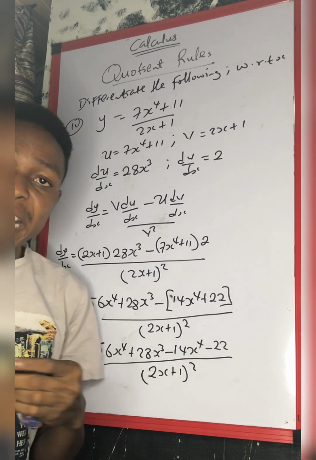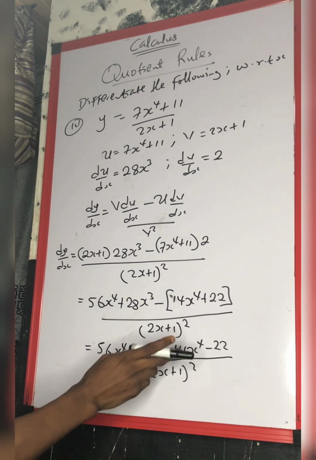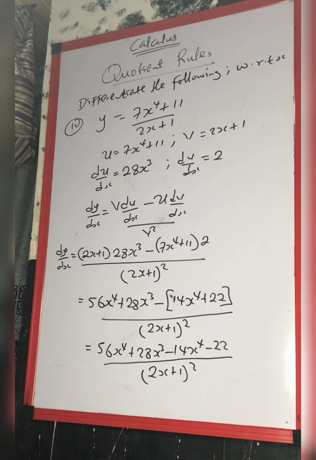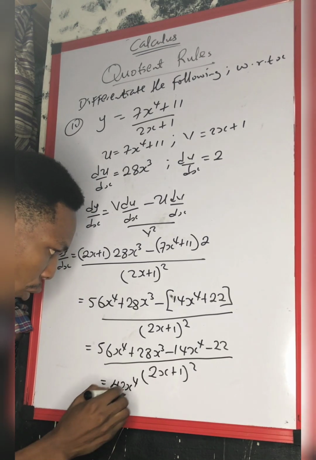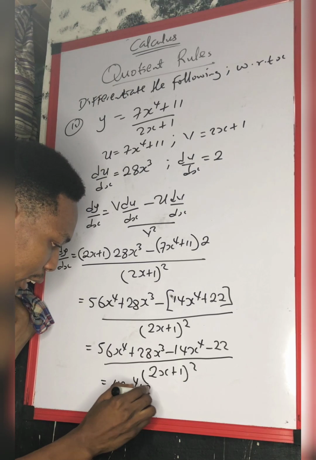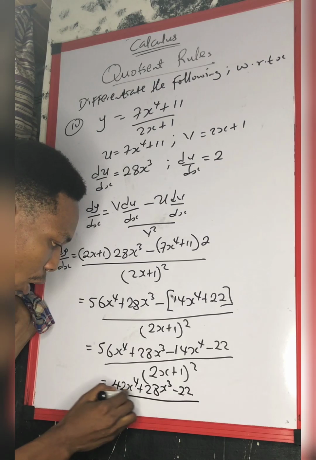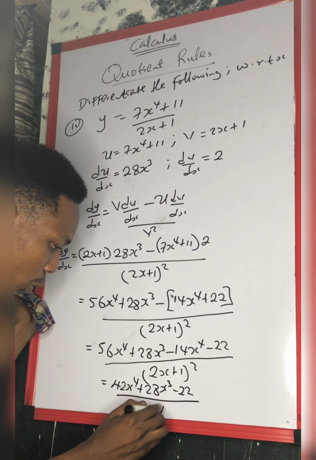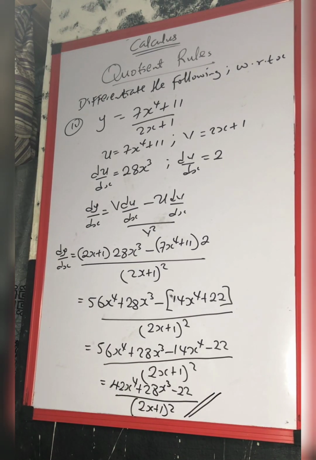This time I'll collect like terms based on power. So 56x^4 minus 14x^4 gives us 42x^4, then plus 28x cubed minus 22, all over (2x + 1) squared. So that is our final answer.